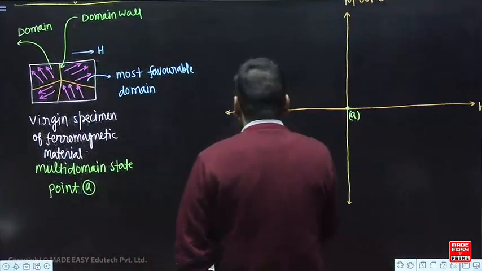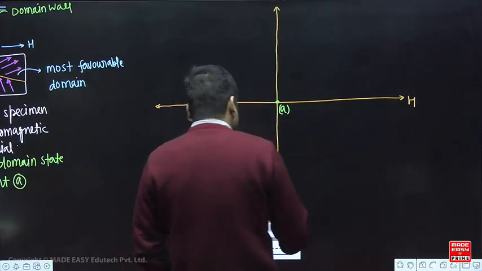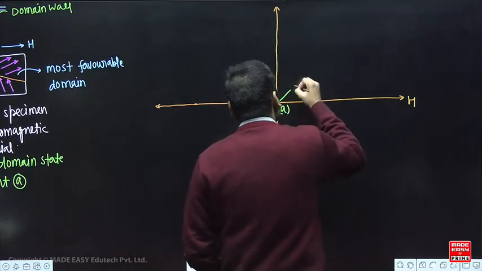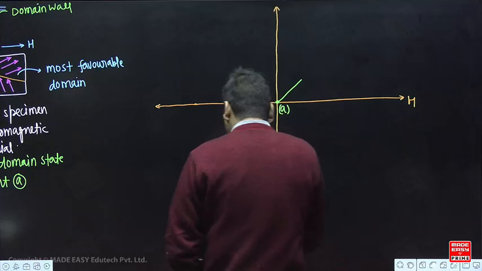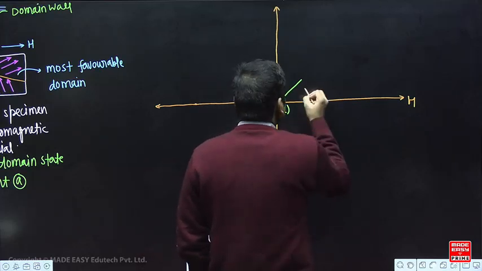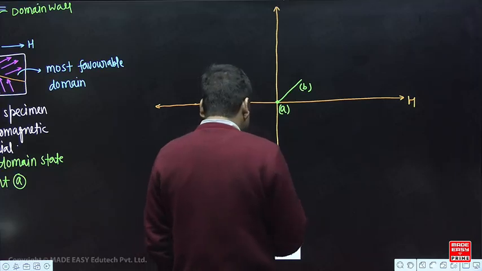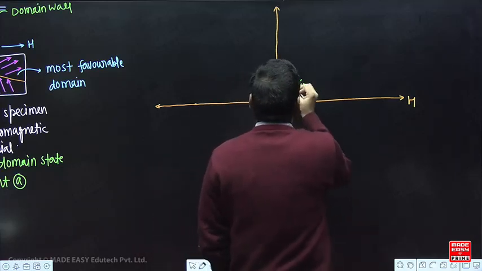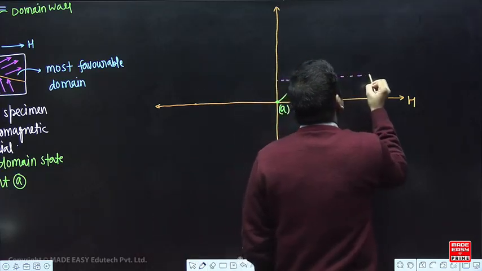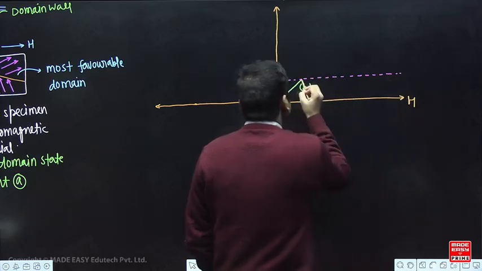So with increase in magnetic field, the magnetization will increase. Initially, this increase is linear.